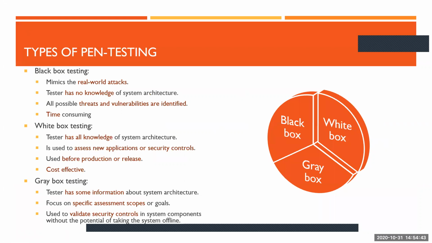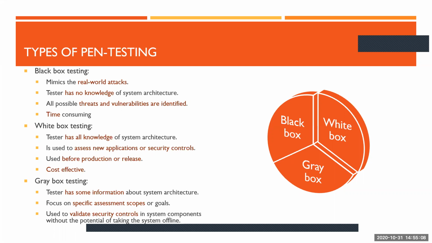Okay, so how do we test these things, right? As I told you before, we want to have systems and tools to be able to test it. Now, internally, a company can have these types of testing: black box, white box, and gray box. Black box testing is really mimicking the real world attack.